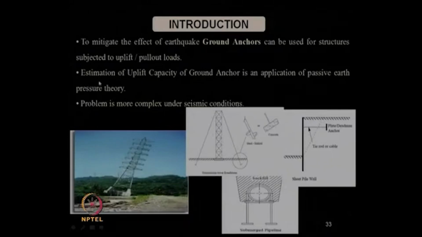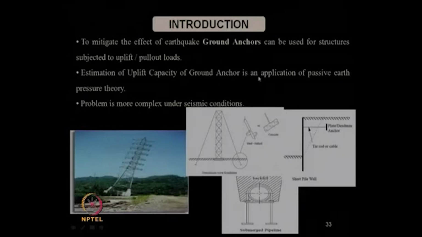Fine. So, estimation of the uplift capacity of these ground anchors is nothing but an application of the passive earth pressure theory. As we have already explained in one of our previous lectures, for positive wall friction angle, the case of passive earth pressure behind a rigid retaining wall is the example of bearing capacity factors for shallow foundations.